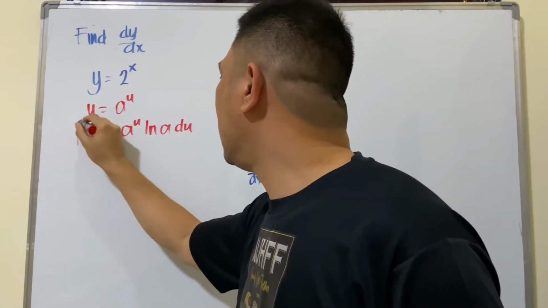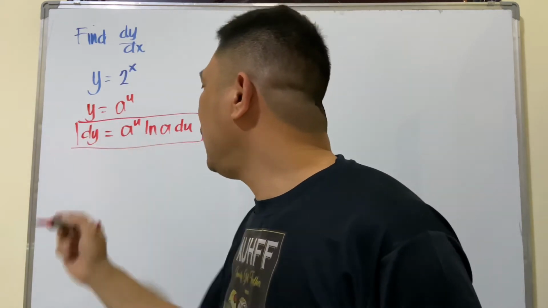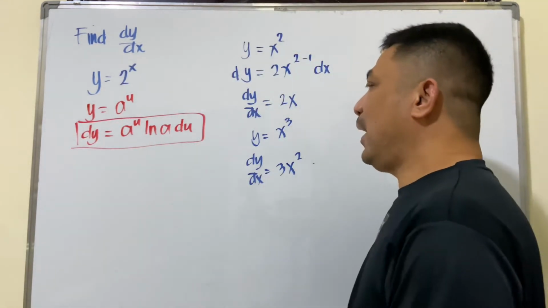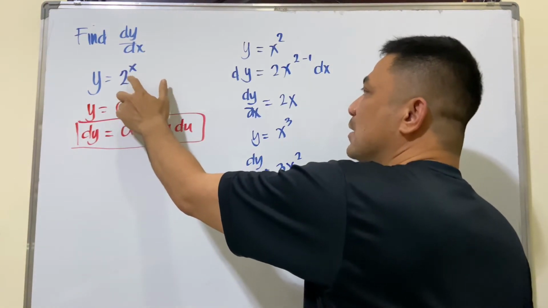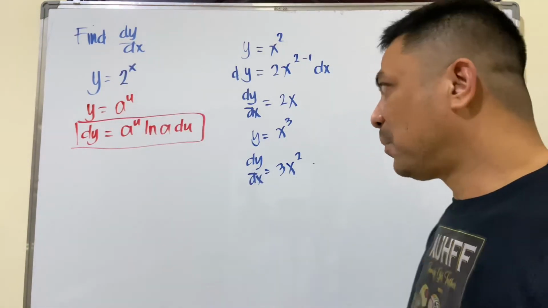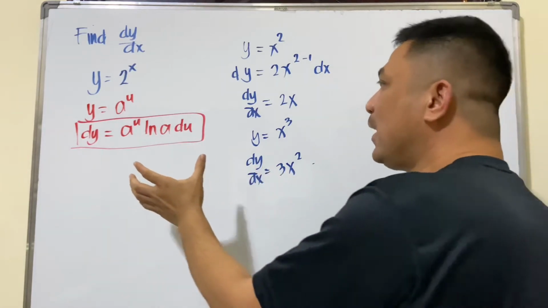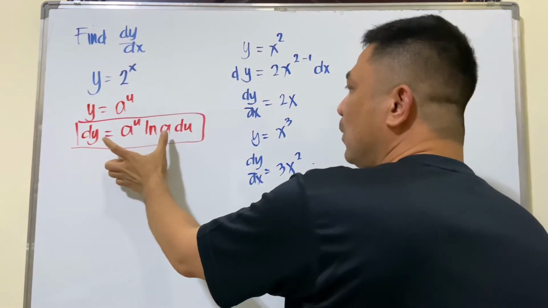This is the standard derivative of any equation wherein you have a constant raised to a variable. Our purpose now is on how we arrive at this formula.